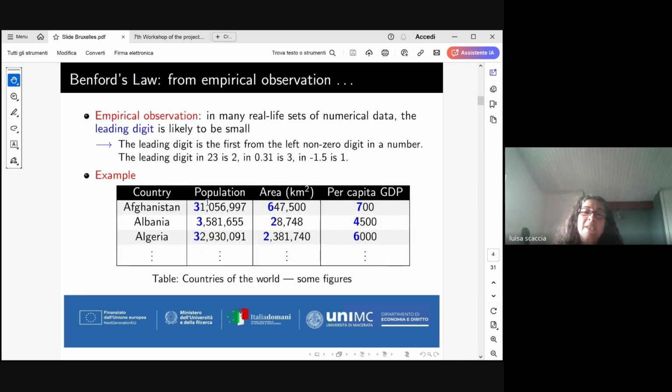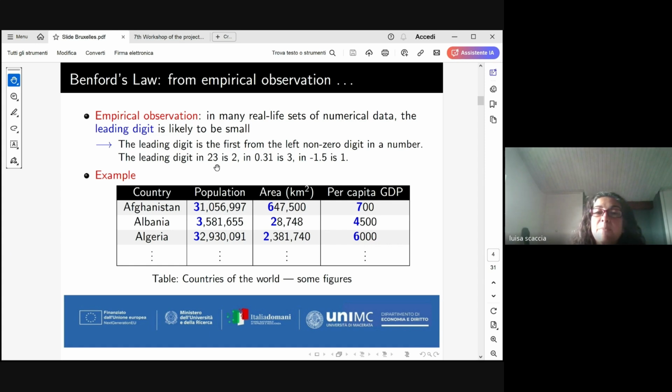So I will start with some real data, because Benford law was actually formulated after the observation of a particular behavior of a real data set, something concerning the first leading digit, where by first leading digit we mean the first digit from the left in a number.